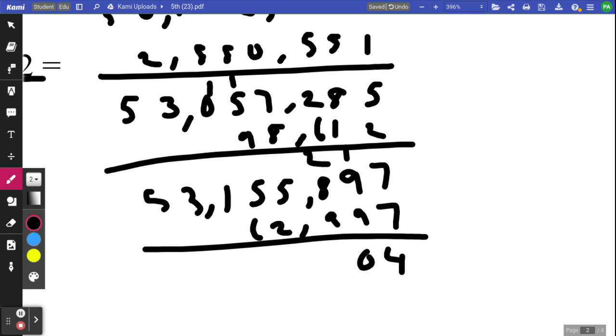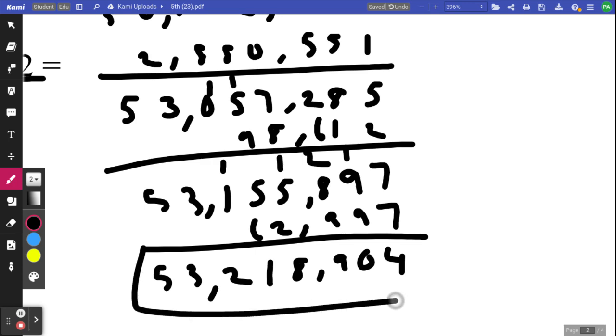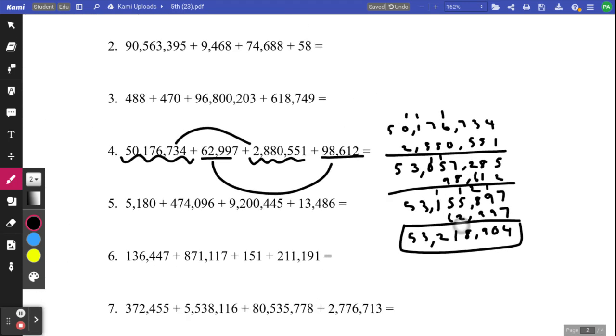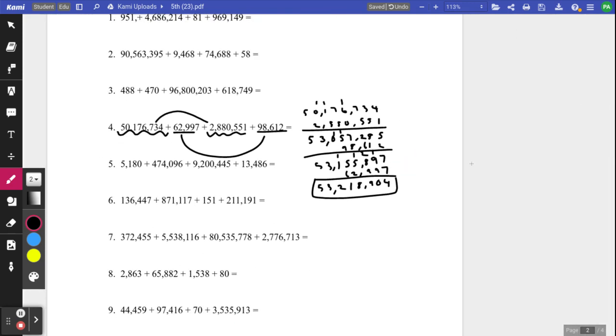So you now bring a 2, 2 plus 8 plus 9 is 19. 1 plus 5 plus 2 is 8. 5 plus 6 is 11. 2 and 53. And that is your new sum when you add all these big terms. Looks big and scary, but trust me, since it's addition, it is very simple, as long as you're neat.